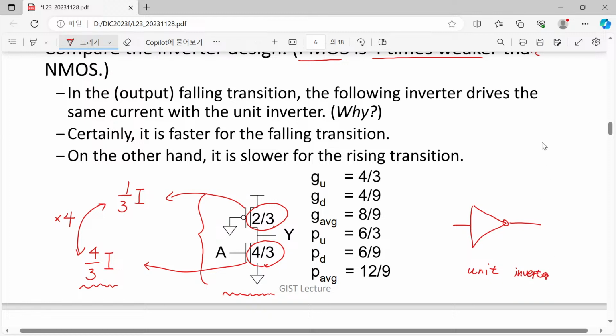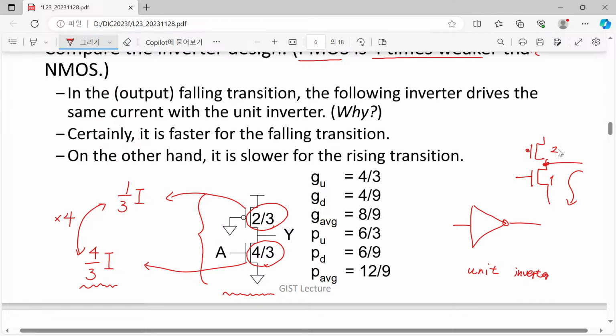So in our unit inverter, how does it look like? In this case we have 1 and relative 2, and when we consider, for example, the pull down network, the falling edge, what will be the current flowing through?